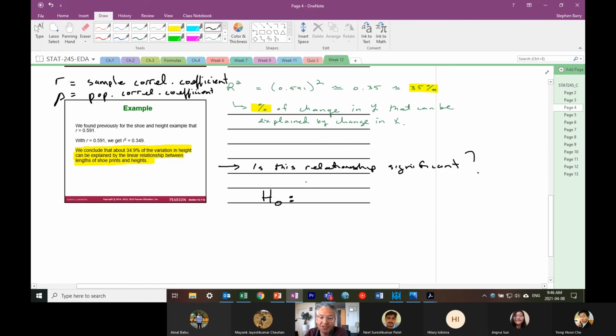The null hypothesis is, whatever we know from the background, and we don't know anything, so we're going to say there is no relationship. In other words, zero. And the alternative hypothesis for this is always that it's not zero, so that there is a significant relationship.